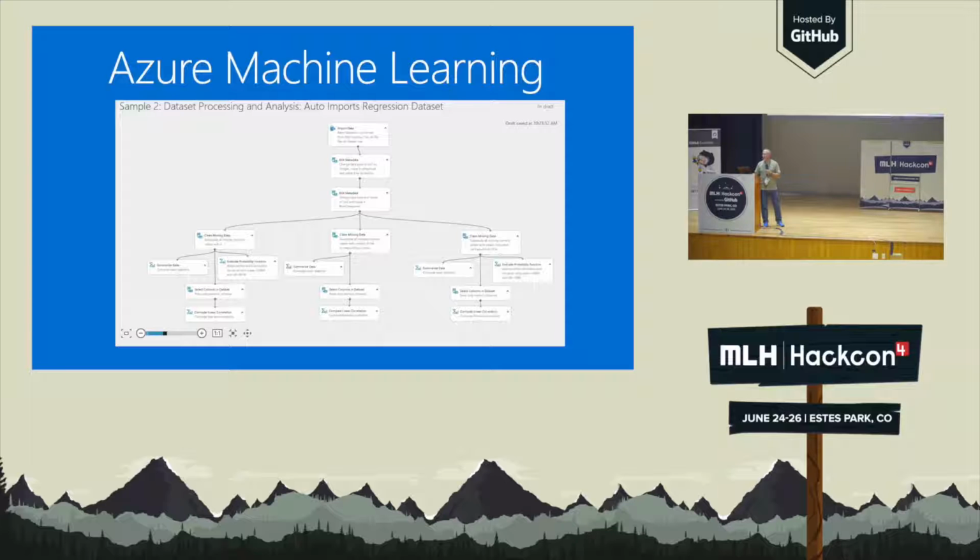But one of the features that we have is streaming analytics. So once you create a trained data set, it can monitor data as it's streaming in and then be able to react appropriately.